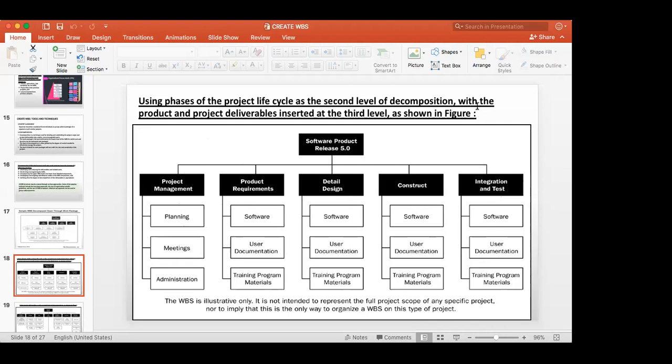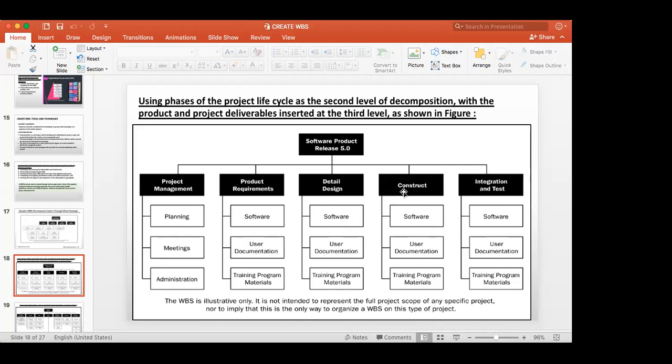It says with the product and project deliverables inserted at the third level. The deliverables are at the third level. The plan, the software, the detail design software comes out. User documentation, training program material, what deliverables. These are the final outputs when the detail design process ends: documentation, material, software.